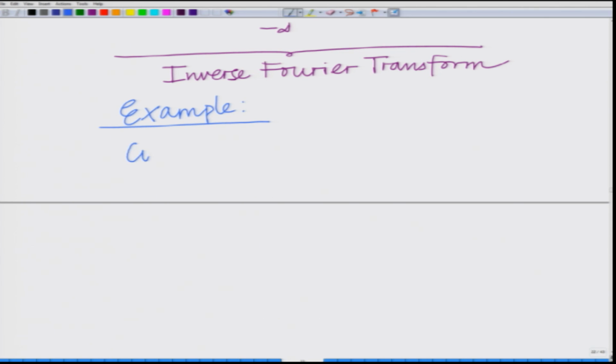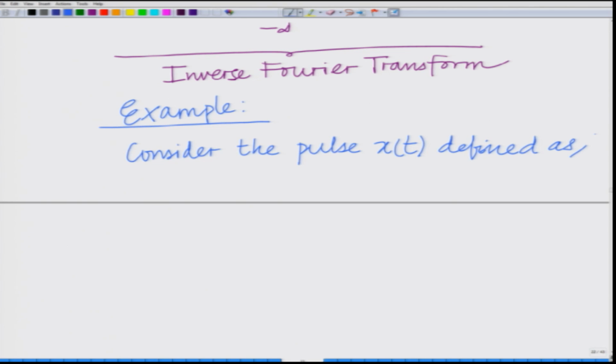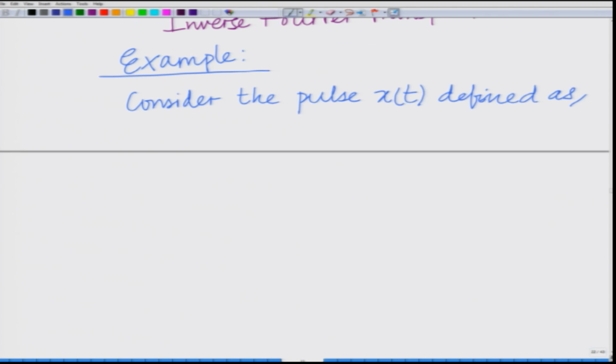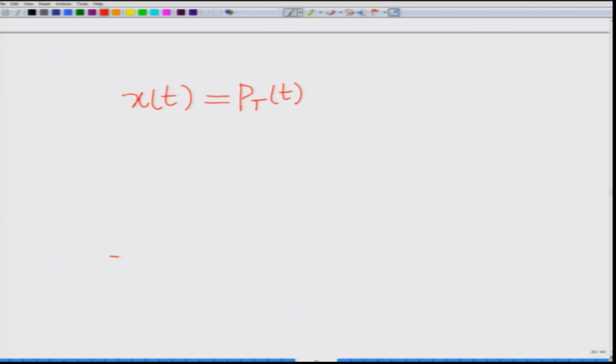Consider the pulse x(t), which is defined as p_T(t). Let me first draw the signal in the time domain.